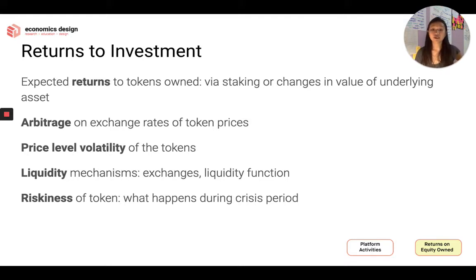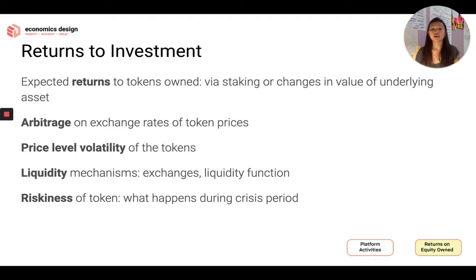Look at price level volatility of tokens. How volatile are the tokens, which is also how risky the tokens are. If the price level is less volatile, you feel safer, and people want to join the ecosystem more, and that could be a way to measure your returns.